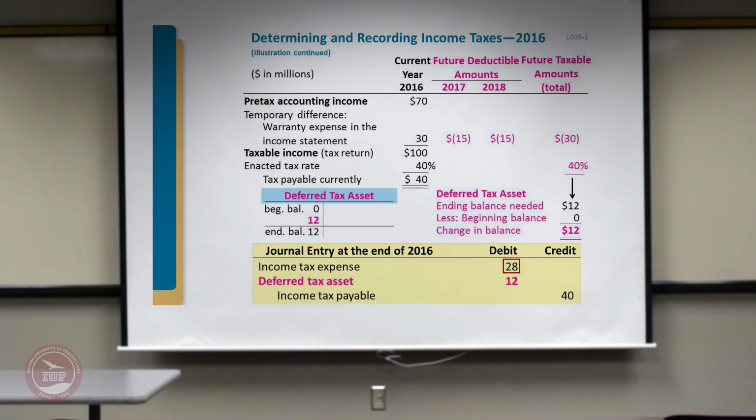In addition, on the $30 million, which we have backed out, or which will be written off in a future year, it's a future deductible amount, you have 40% on that $30 million, which is $12 million. A deferred tax asset of $12 million is debited, which is created. Income tax payable is $40 million, and the balancing number is the income tax expense. So this $12 million will reverse over the next 2 years as follows.